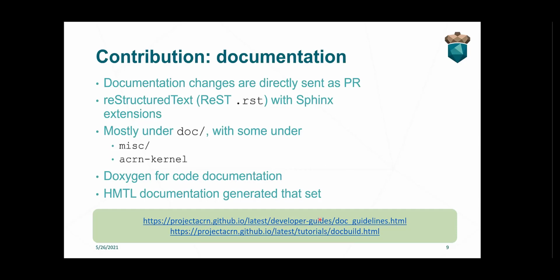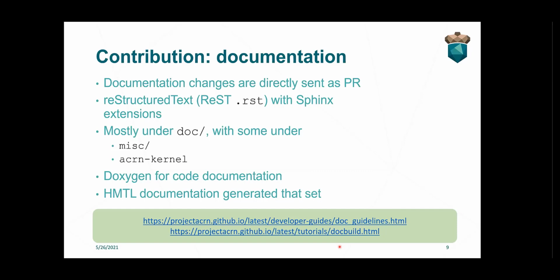The other link that I've included in this document is the set of instructions for you to be able to build the documentation, so the HTML web pages with all of the documentation. You need to install a number of tools that are not described in the Getting Started guide, because the Getting Started guide really focuses on building Acorn itself, so the device model, the hypervisor, the tools, but by default, it never builds the documentation.